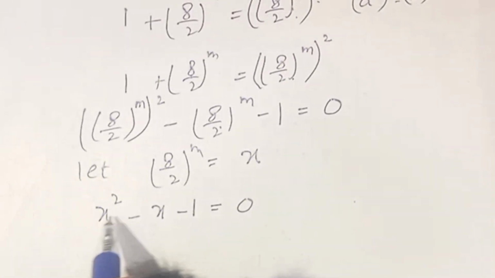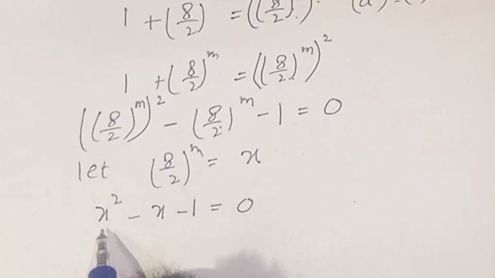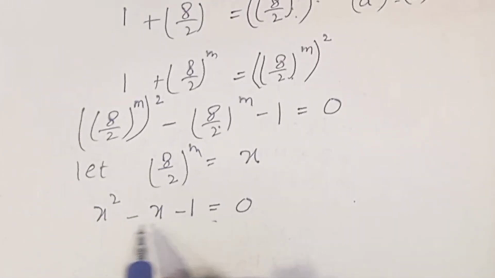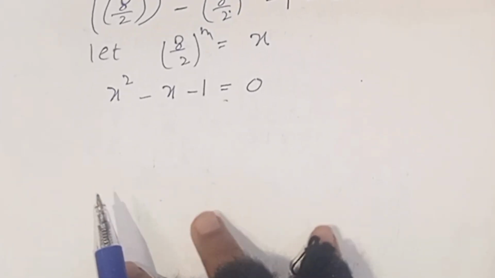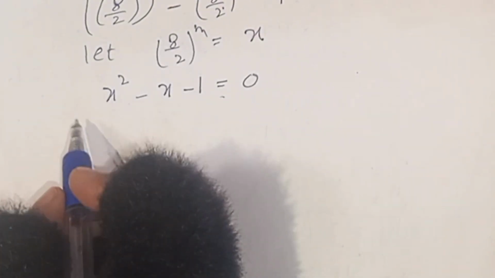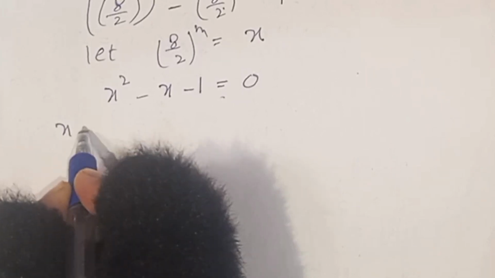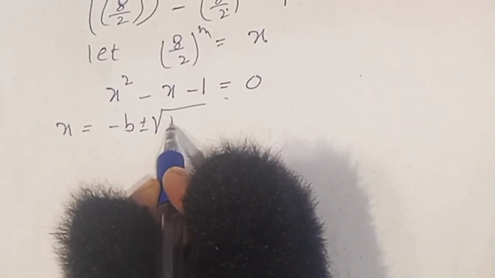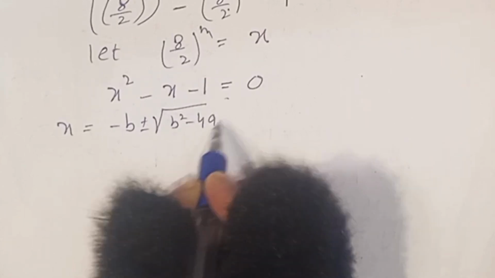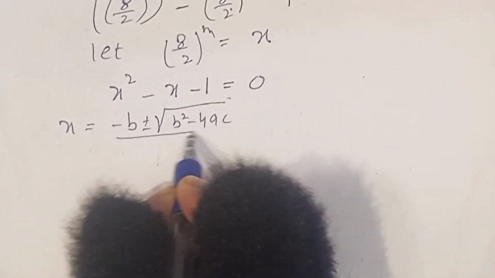Now this will become a quadratic equation, and to solve this equation we use the quadratic formula. The quadratic formula is x is equal to minus b plus minus square root of b square minus 4ac, over 2a.